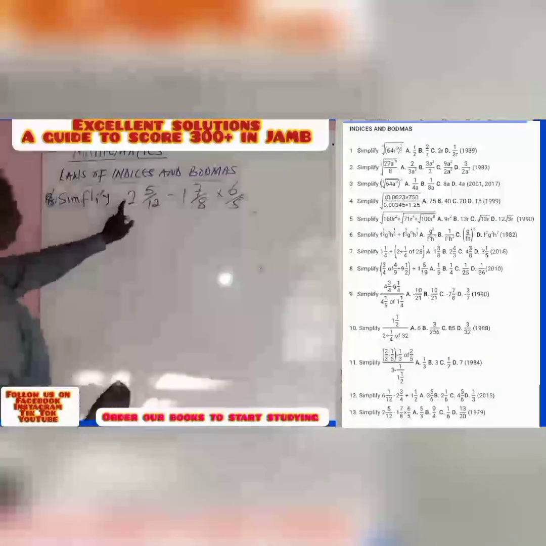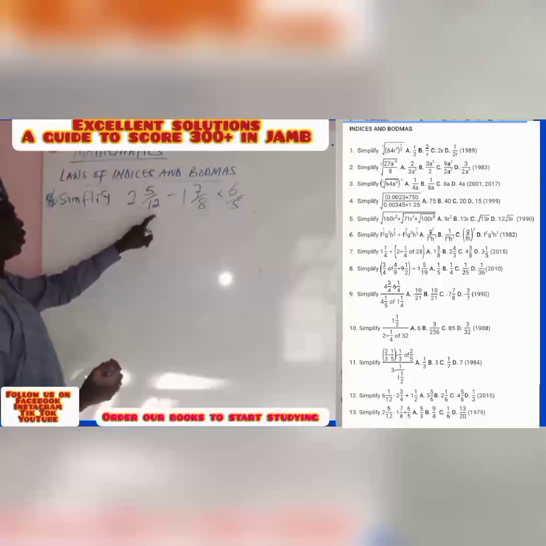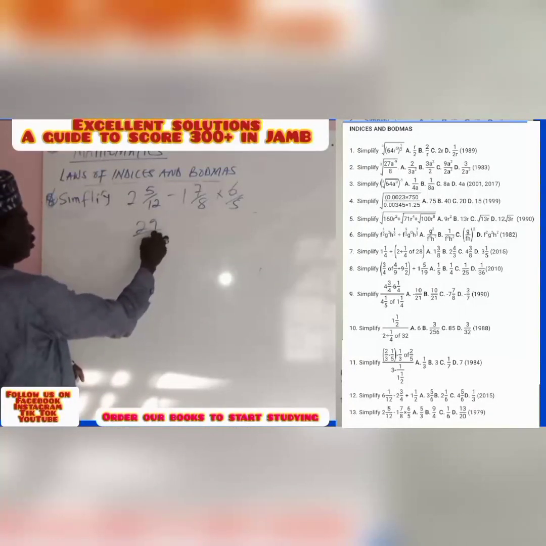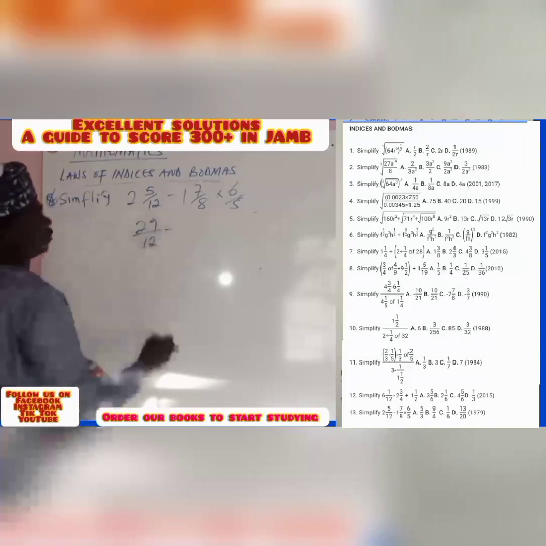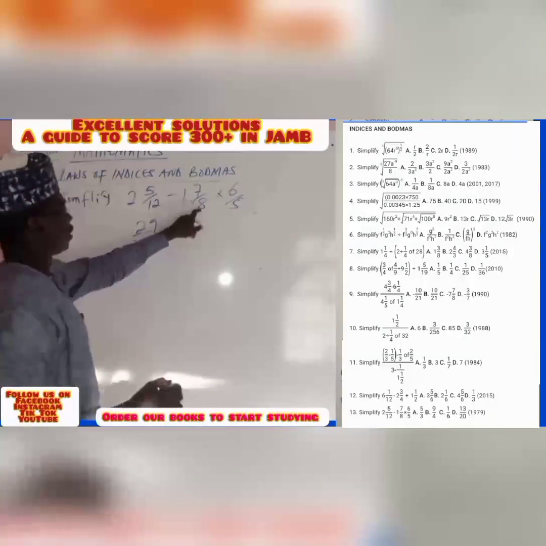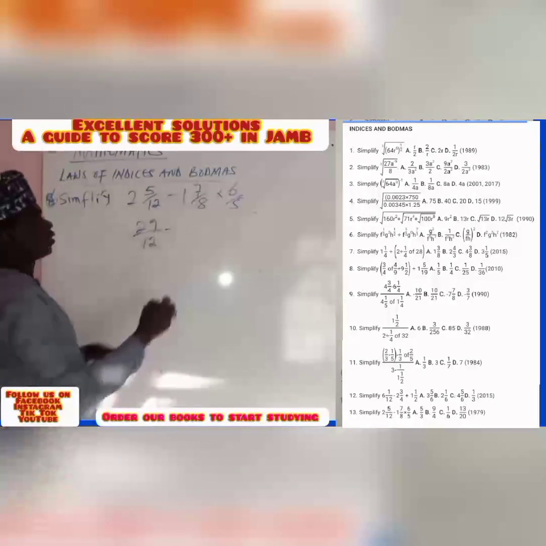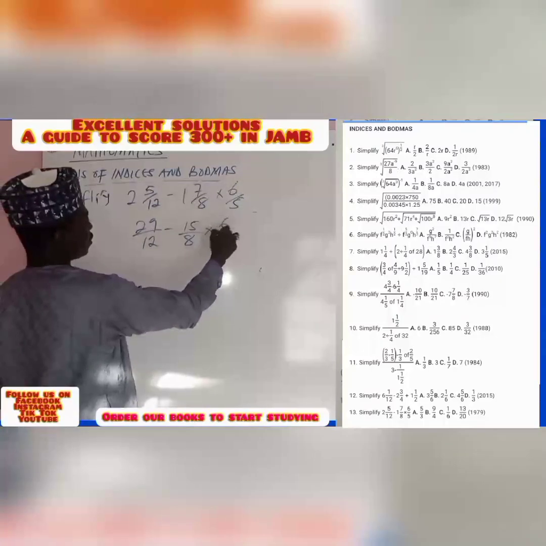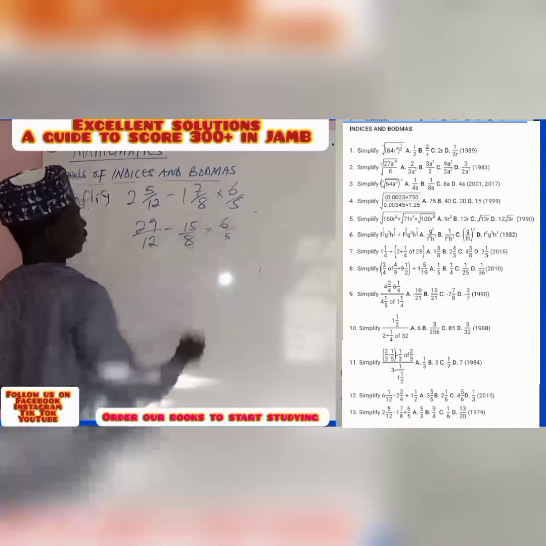So one thing that we need to do here, we just have to multiply 12 times 2, we have 24 plus 5, we have 29 over 12, minus 7 plus 1 times 8 is 8 plus 7, we have 15 over 8 times 6 over 5.